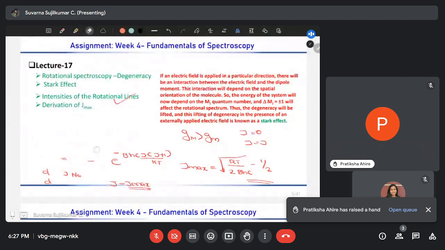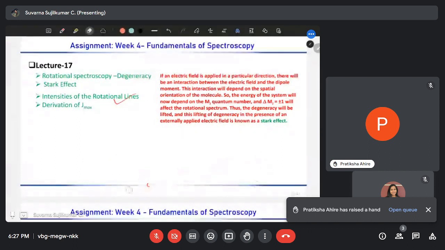So one graph is also discussed over here. Let's just go through that. This can be Nj divided by N0. With increasing values of J, the degeneracy will have a linear relationship to J plus 1.